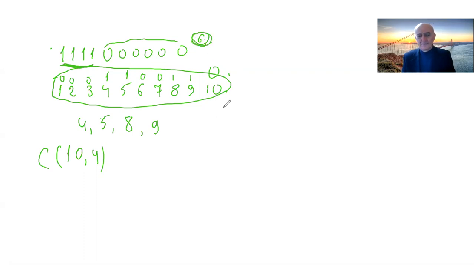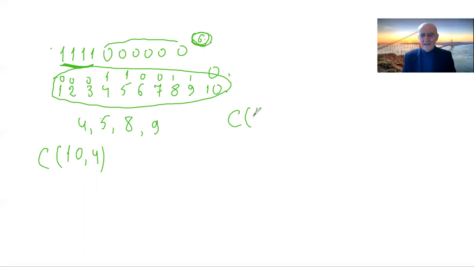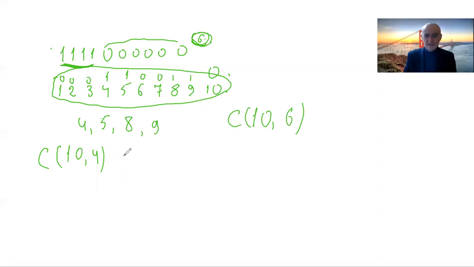How can we solve it? In the same way, and the answer in this case is C10(6). And Jacob is right, don't be confused about it. These two numbers are the same.